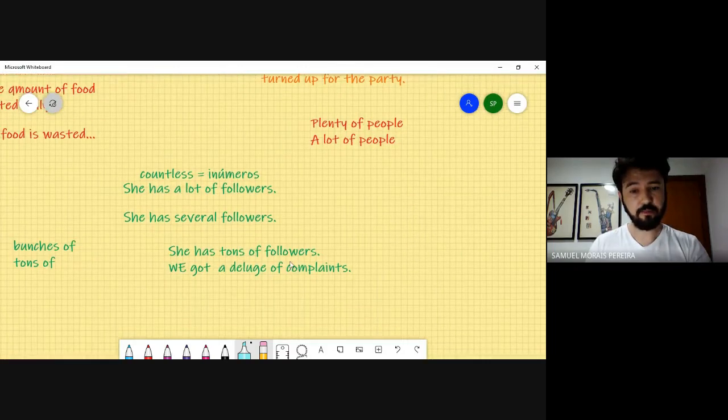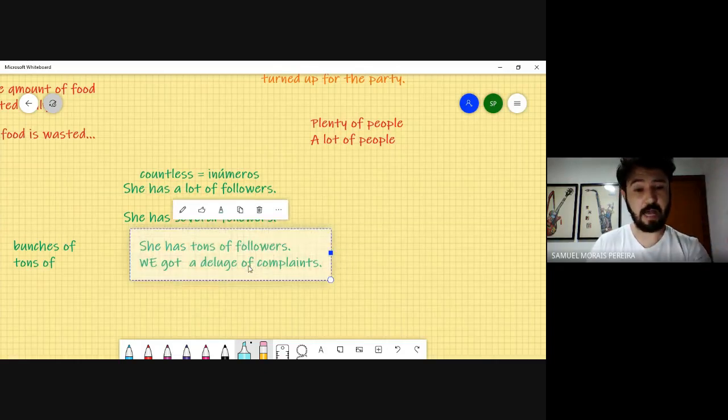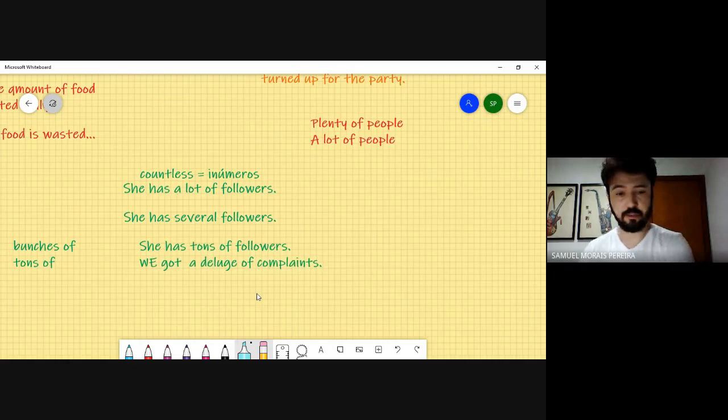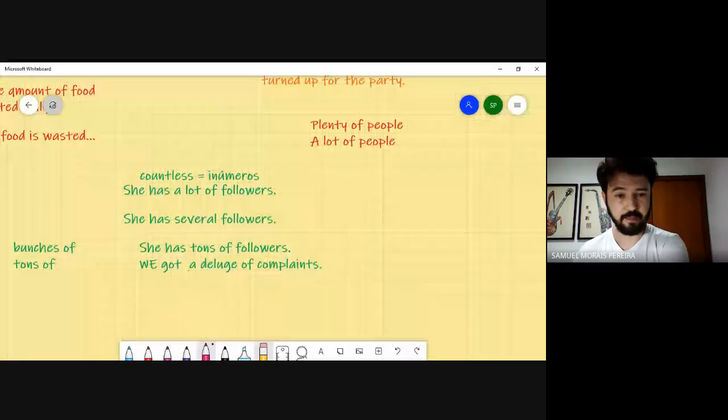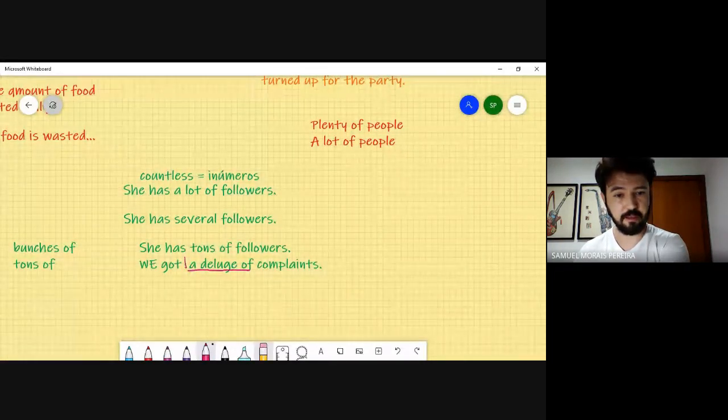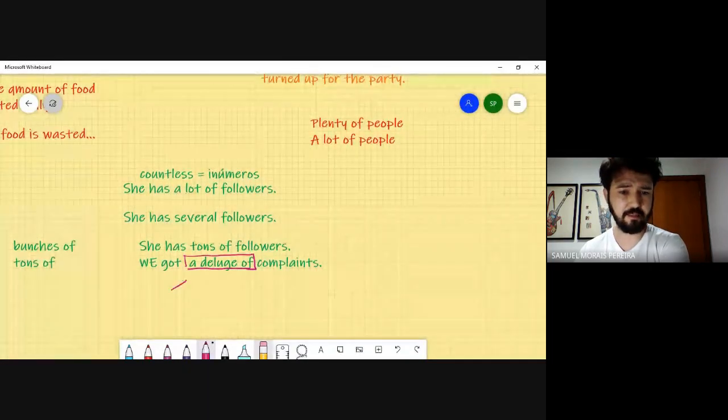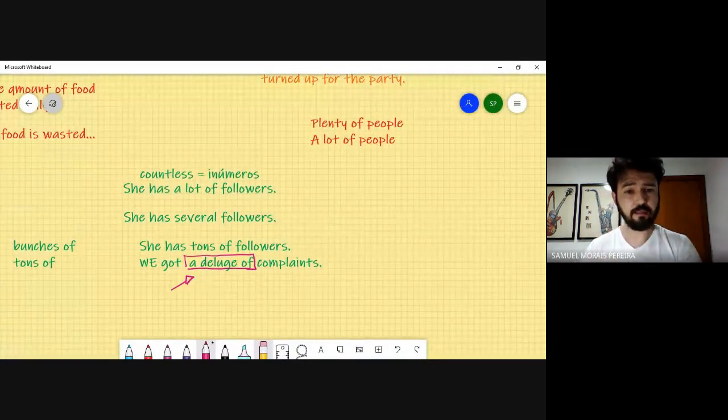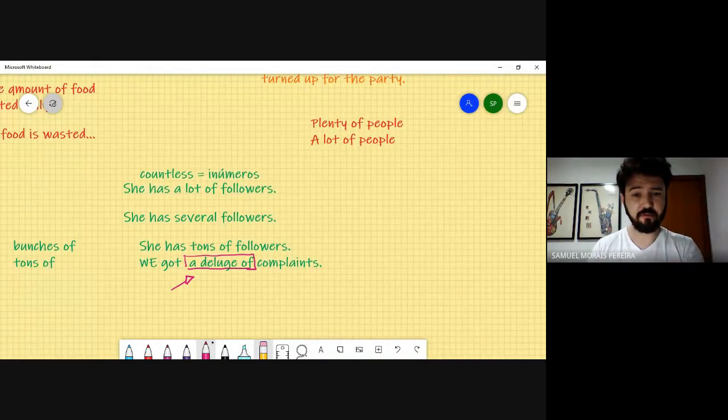E aí você pensa assim, dilúvio, uma grande quantidade de água, eles pegam a palavra deluge e usam nessa combinação aqui, ó, a deluge of significa, ao pé da letra, um dilúvio de. Só que a gente não fala assim, né? Você tem que entender pela ideia, ó. We got a deluge of complaints. Quer dizer, nós recebemos uma enorme quantidade de reclamações.